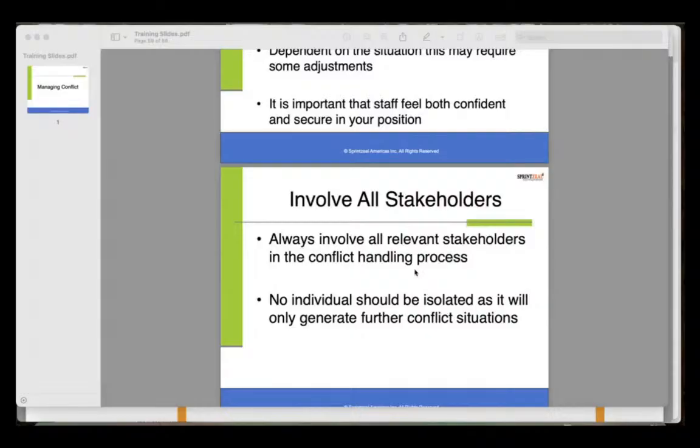So all the involved parties will be your relevant stakeholders. So yeah, you're correct. All of these stakeholders should be involved.